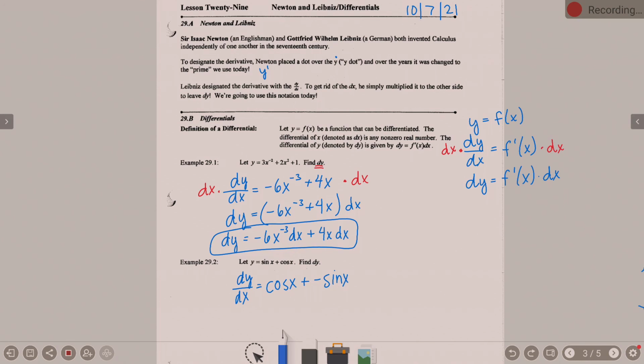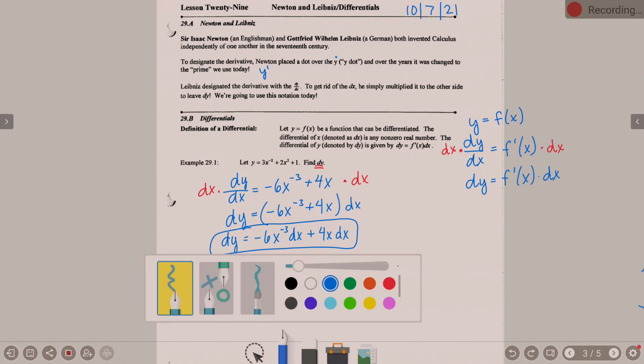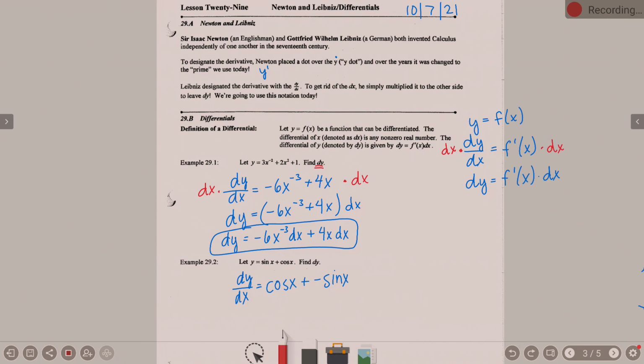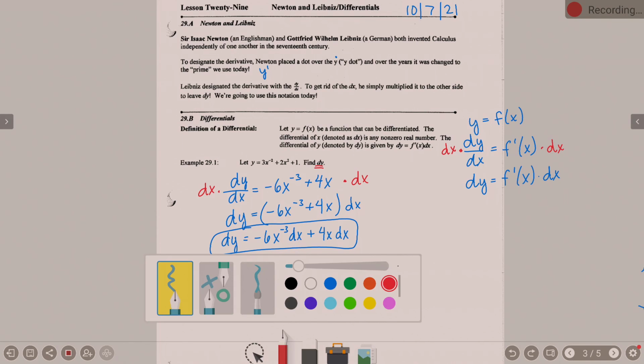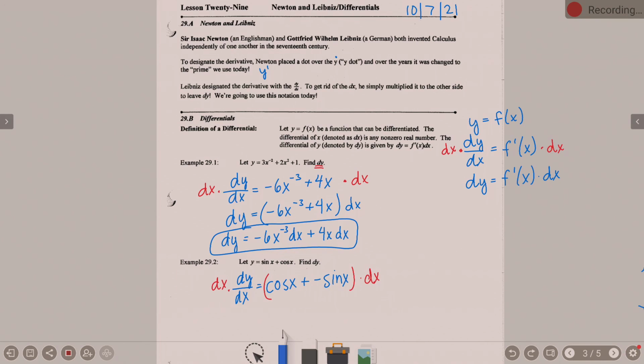How do we find dy? If it's dy divided by dx, we're going to multiply by dx. What I do to one side, we're going to do to the other side. And final form with what we're doing today, we can distribute.